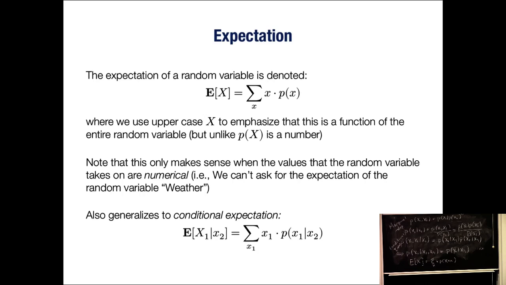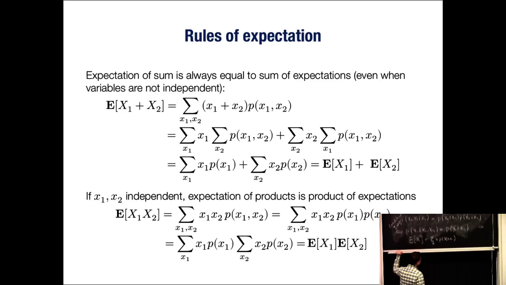Now, there are a few nice rules to know about expectation, which I'm not going to go through here. They're very straightforward, but a little bit involved. I'll write the rules here, but I won't write their proof.